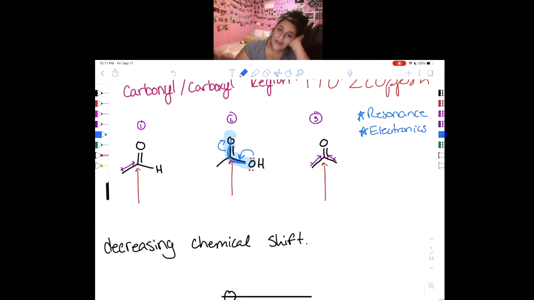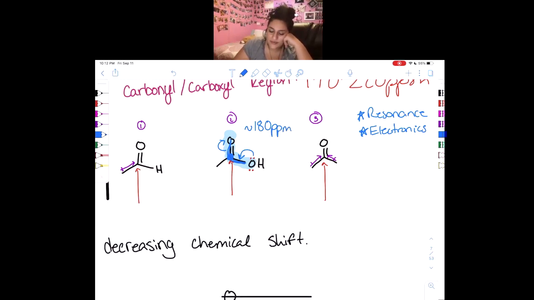Statistically speaking, that means it's going to spend more time and at any given moment be more likely to be at this carbon because the electrons are flowing back and forth. So a lot of people are surprised, but this is the most shielded in this region. It's going to be approximately 180 ppm.